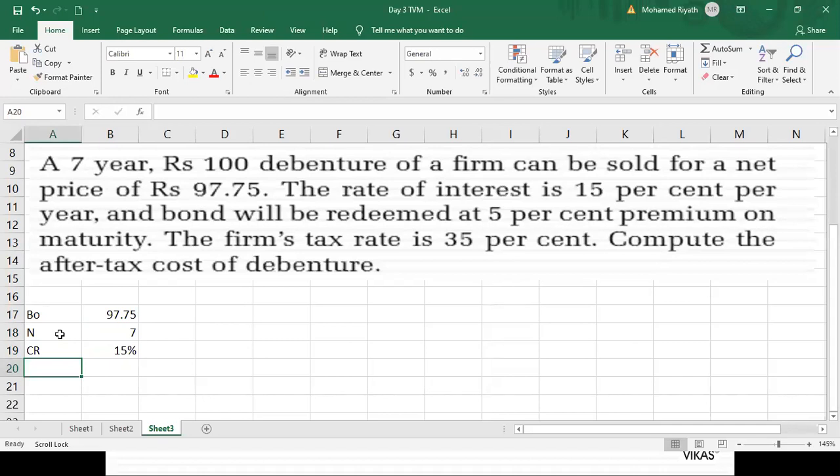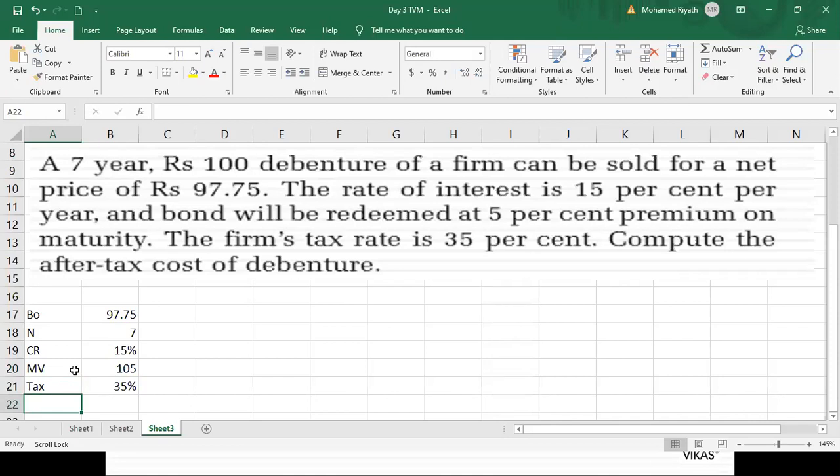And the bond will be redeemed at 5% premium on maturity. So the face value of the bond is 100. It will be redeemed at 5% premium, meaning 105 rupees. And the corporate tax rate is 35%. Compute after tax cost of capital, cost of debenture.